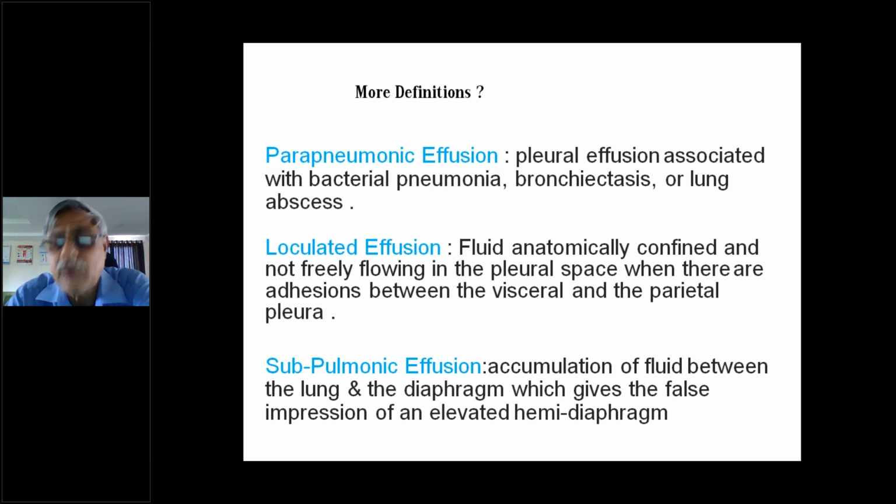Usually in exudate, what happens? The fluid is anatomically confined to the pleural space, where there are adhesions between the visceral and parietal pleura. That will occur. And there is one variety known as subpulmonic effusion, where as much as about 1000 ml of fluid may be there. You will find it as just an elevated diaphragm on the side.